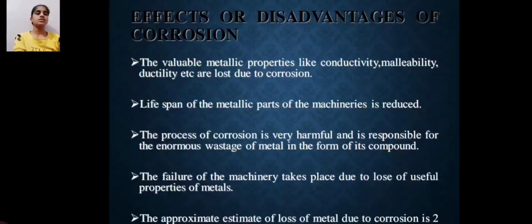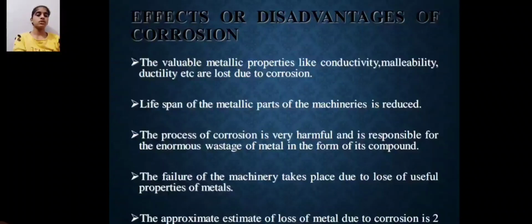Then effects or disadvantages of corrosion. The valuable metallic properties like conductivity, malleability, ductility, etc. are lost due to corrosion. Lifespan of the metallic parts of the machineries is reduced. The process of corrosion is very harmful and it is responsible for the enormous wastage of metal in the form of its compound.